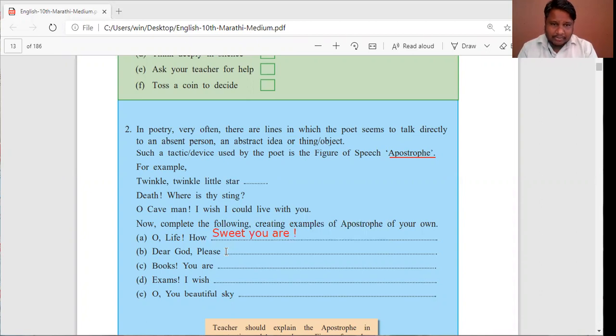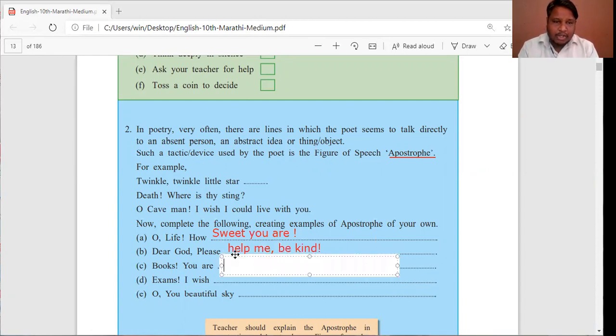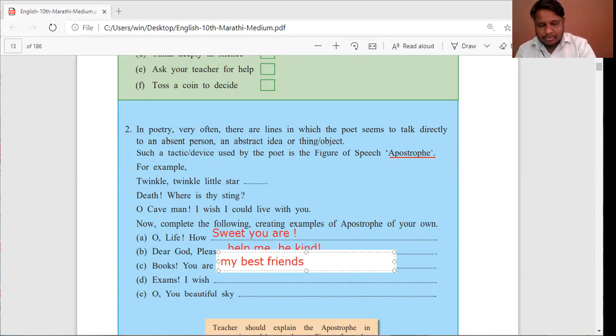Then in the second, dear God, please help me, be kind. This is also an example of the apostrophe figure of speech that we are making by ourselves. Then the third one is books. You are my best friends. This way we can complete it.